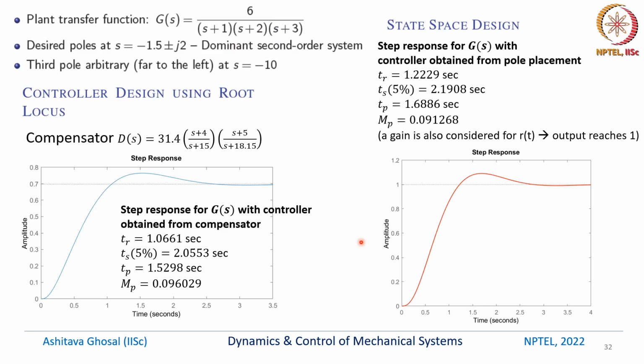There are lots of software tools which can be used to obtain this state space design, whereas when you want to do compensator design, it is a little bit more complex and you have to do some trial and error.